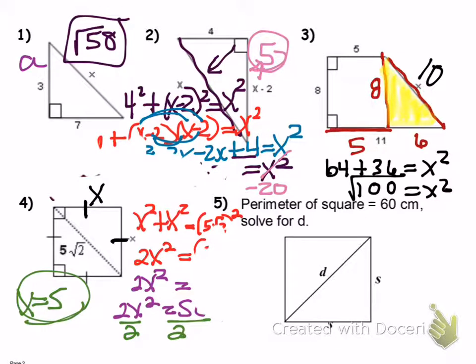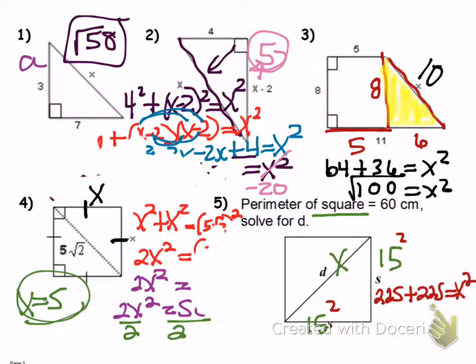All right, so this next one, the perimeter of the square is 60. Notice it is saying the perimeter of the square is 60, and it wants us to solve for D. Well, if the perimeter is 60 and all the sides are the same, 60 divided by 4, all these sides would be 15. And I'm trying to find D. Okay, so I'm going to have 15 squared, which is 225, plus 15 squared, which is 225, is going to equal x squared.